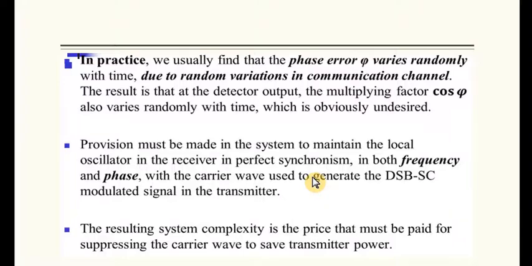In practice, we usually find that the phase error varies randomly with time due to random variations in the communication channel because of fading and noise, etc. So the result is that the detector output, the multiplying factor cosine phi, also varies randomly with time because the channel is randomly changing, which is obviously undesired.